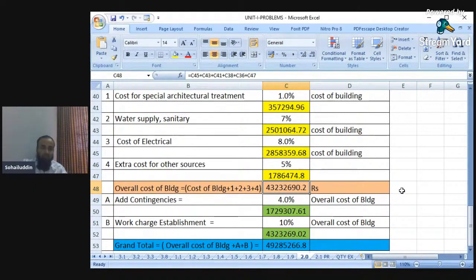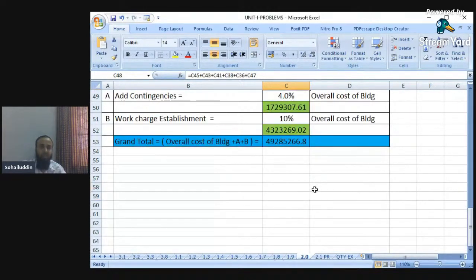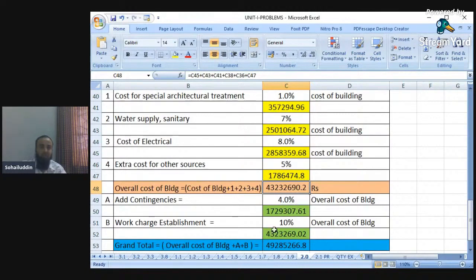Again, 4% has been reserved for contingencies, so 4% of this overall cost is this amount. Again, 10% has been taken, and 10% of this is the next amount.